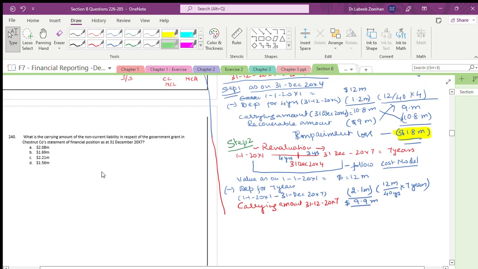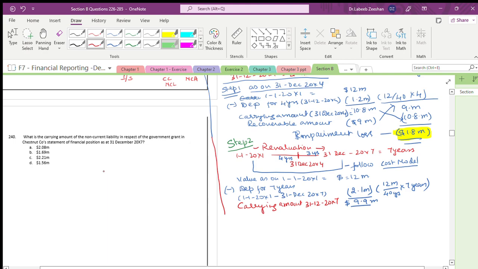What is the carrying amount of the grant in Chestnut's statement of financial position as on 31st December 2007? How much have they received as grant?